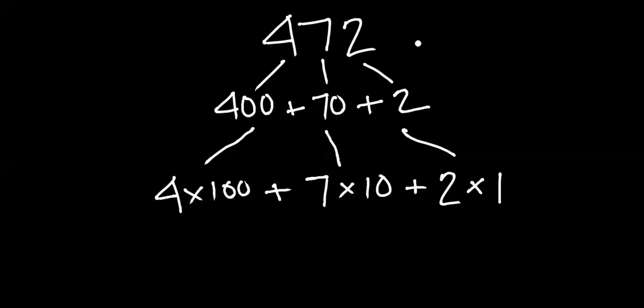All right, 472, we got that. 400 plus 70 plus 2, we got that. 4 times 100 plus 7 times 10 plus 2 times 1, we got that. This number and this number and this number are all part of our base 10.